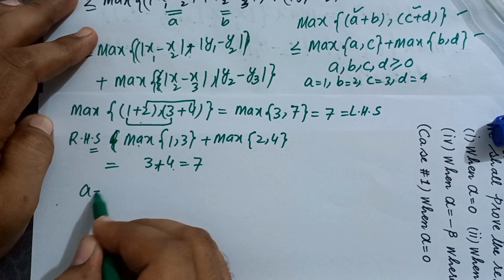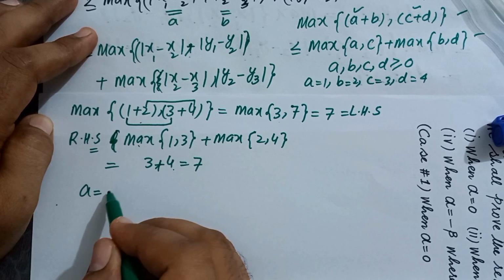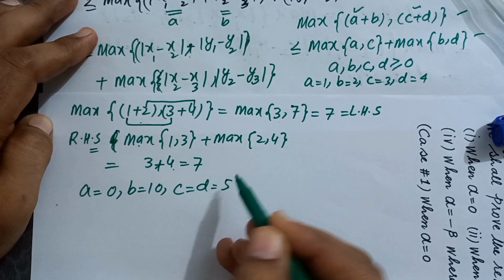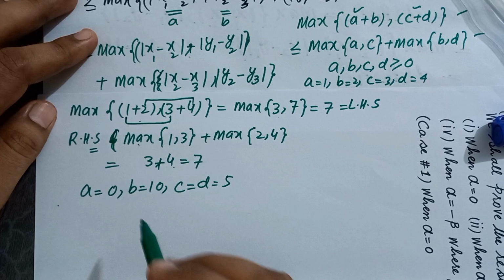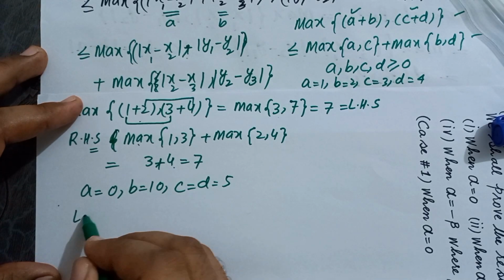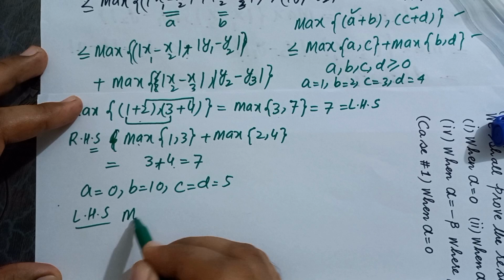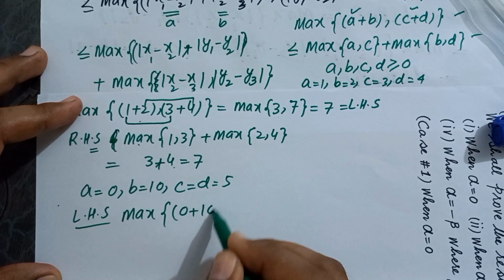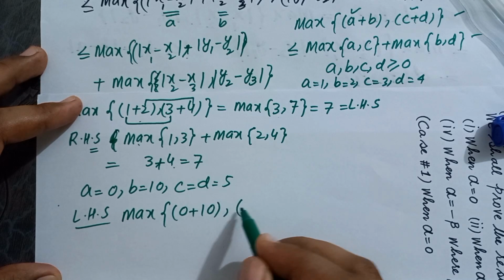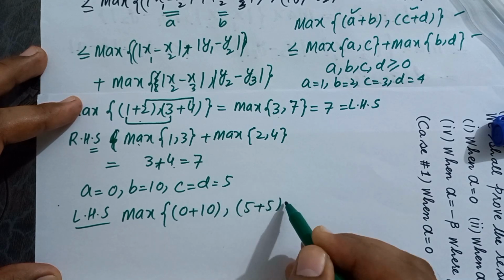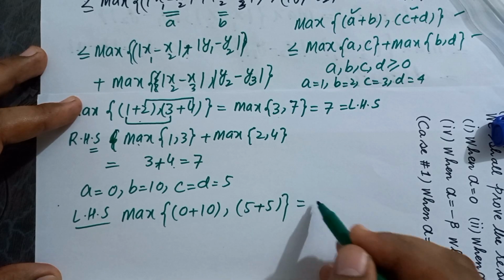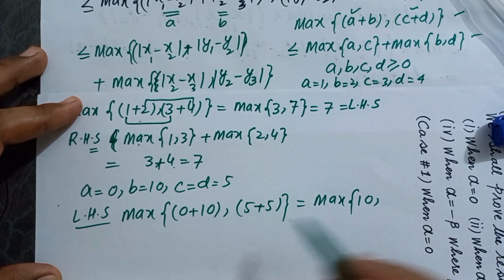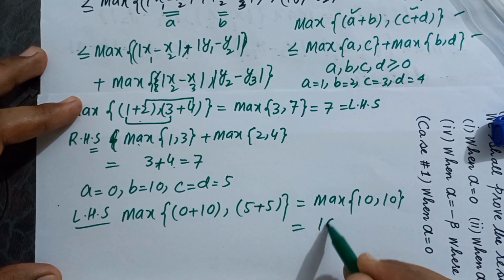But if we take a equal to 0, b equal to 10, and c equal to d equal to 5, the left hand side is the maximum of 0 plus 10 and 5 plus 5, which is the maximum of 10 and 10, equal to 10.